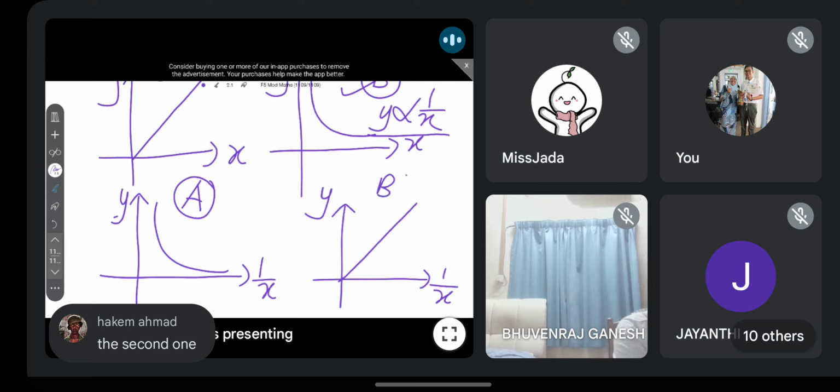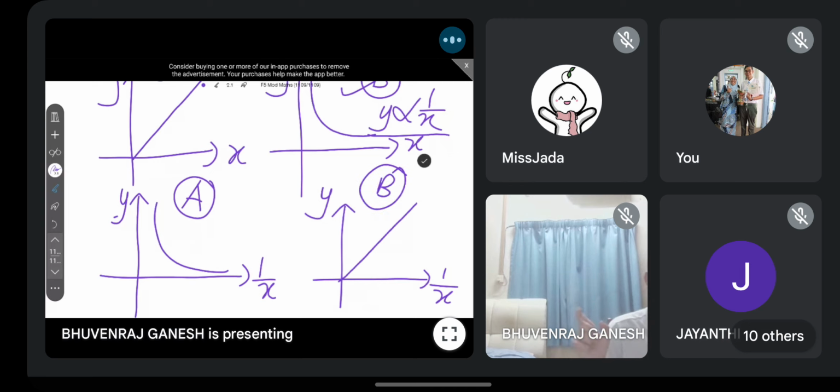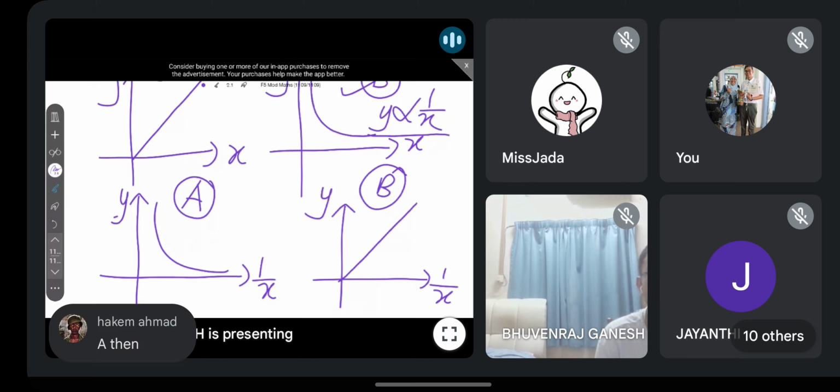This one B, sorry, I didn't put yet. Okay, saya nak graph Y berkadar songsang dengan X. What is the answer? Y varies inversely as X.